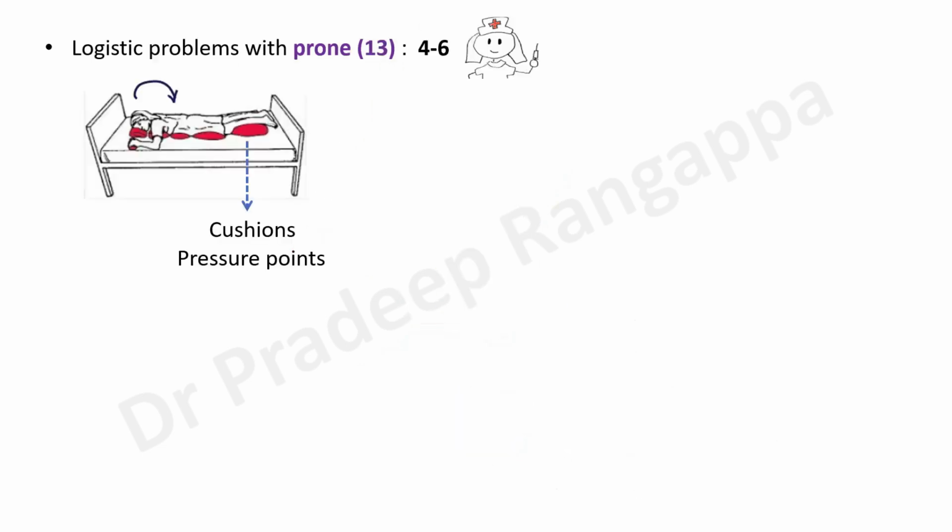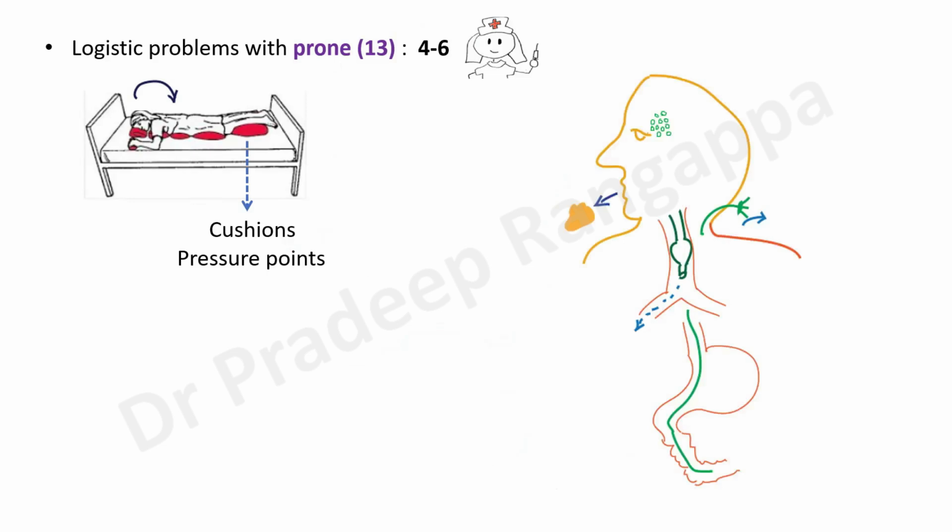With regards to logistic problems, yes, there are logistic problems with proning because you need at least 4 to 5 nurses and you need all these cushions to protect the pressure points, and you need to ensure that all the pressure points are taken care of with these cushions. There are certain problems that can arise with proning. There can be a lot of conjunctival edema, suffusion, and copious secretions.